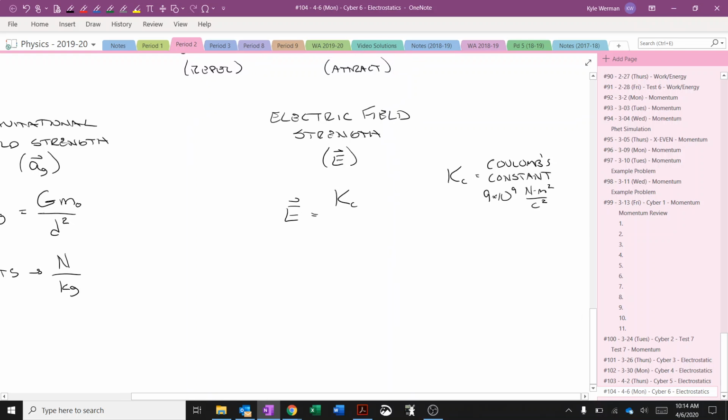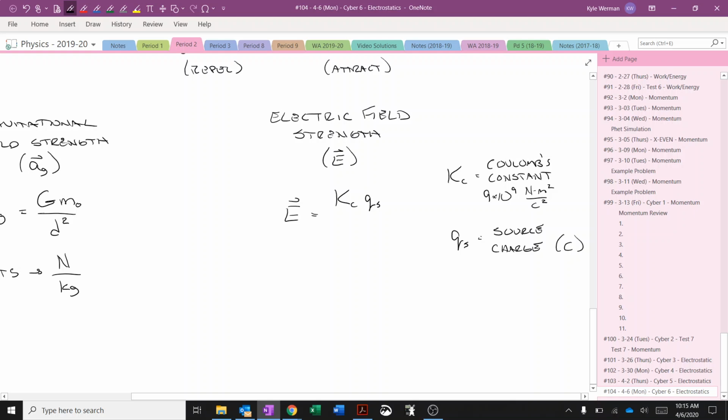Well, with gravity, it was big G times mass of the thing creating the field. Well, what creates an electric field? It's not mass, but it's a charge of a source. So Q is the thing creating the field, or the source charge. And any kind of charge is going to have units of coulombs.